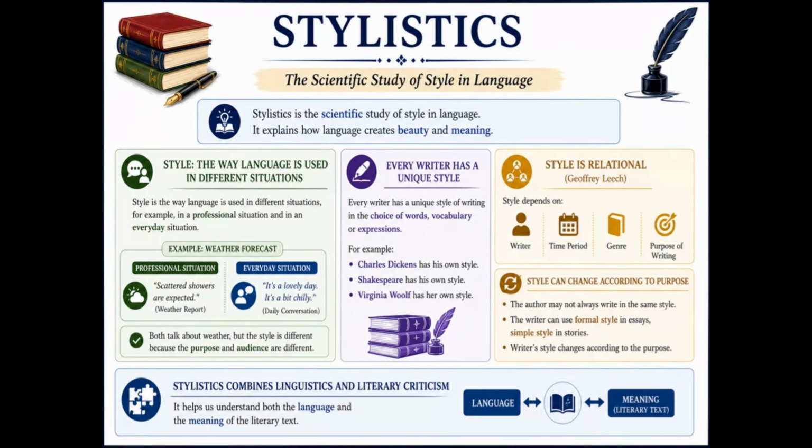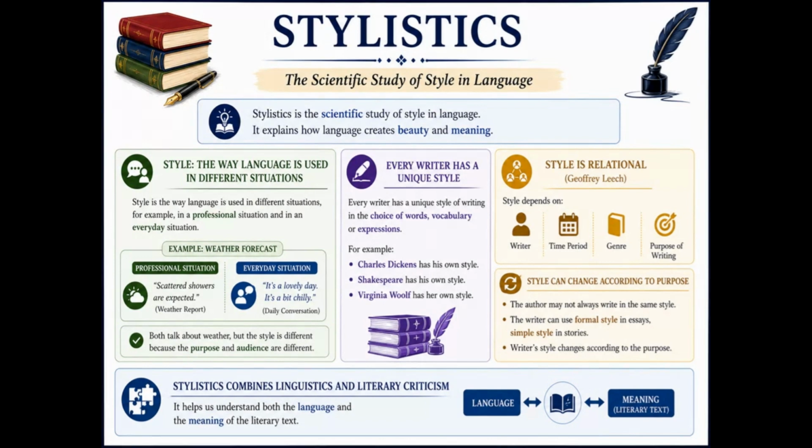Now we reach the most important topic, that is stylistics. Stylistics is the scientific study of style in language. It explains how language creates beauty and meaning. Style is the way language is used in different situations. Different situations require different styles.